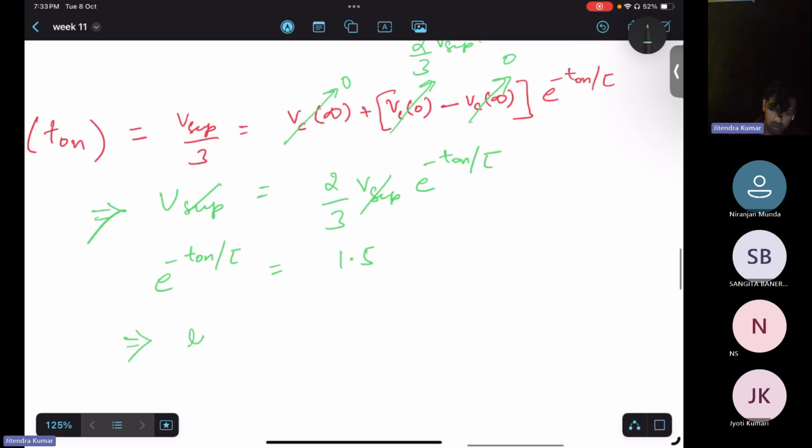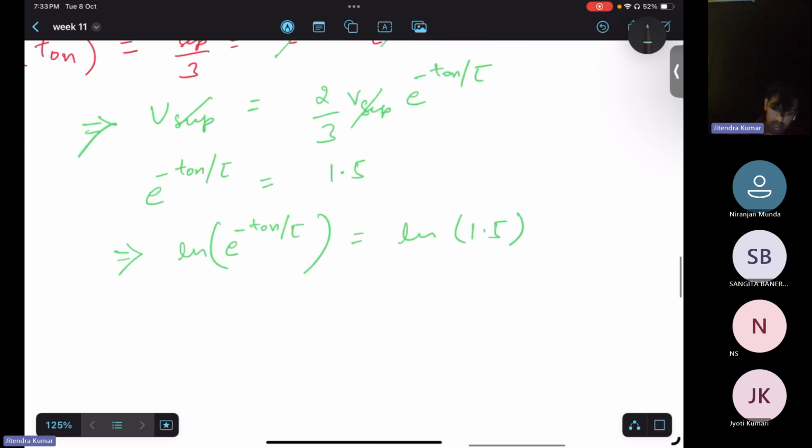So ln of e raised to power minus T on by tau is equal to ln 1.5. So minus T on by tau is equal to ln 1.5.